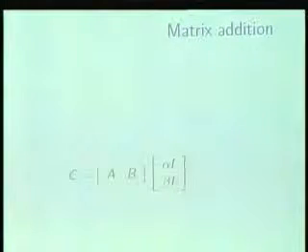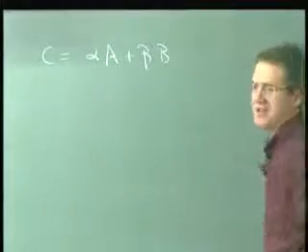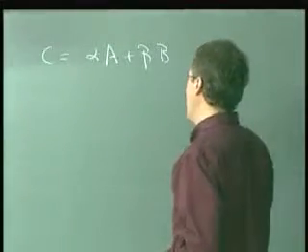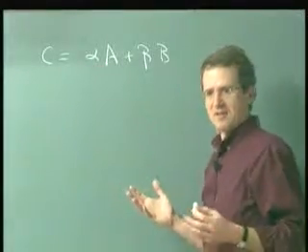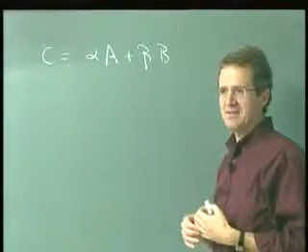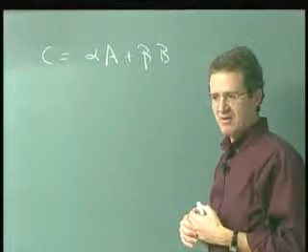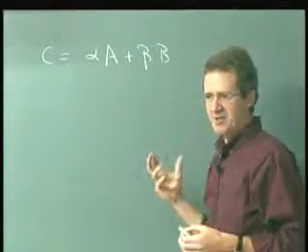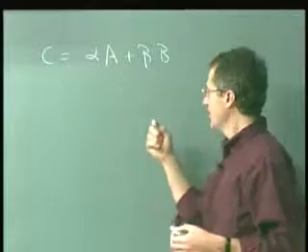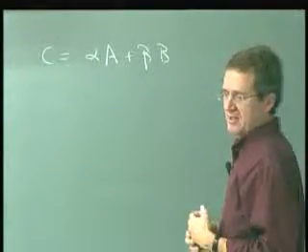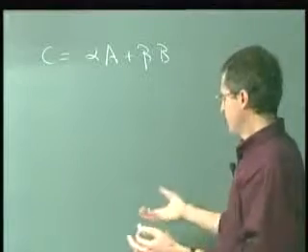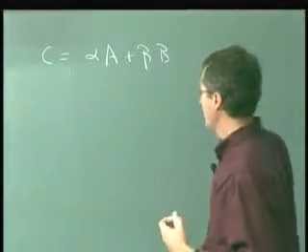If I want to compute C equals alpha A plus beta B, where alpha and beta are scalars, the only reason I put that in there is because it's easy to do, so you might as well provide that option. If you don't want it, to just do A plus B, set alpha and beta to 1. It's easy because as you're bringing in the data, it's very easy to multiply by a scalar.